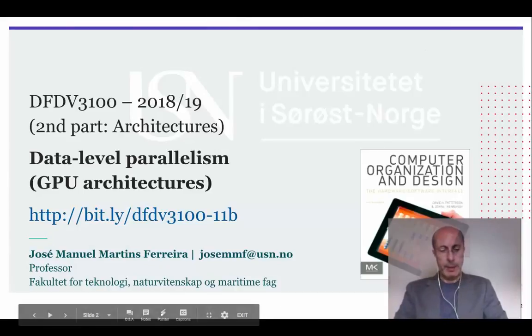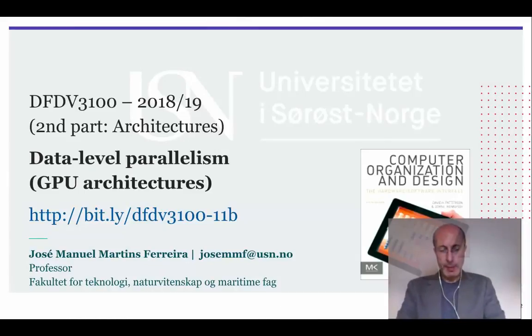Hi. In this second and last presentation addressing data level parallelism, we will look into graphics processing units or GPUs, and we will continue to follow the Patterson and Hennessy's Computer Organization and Design book.